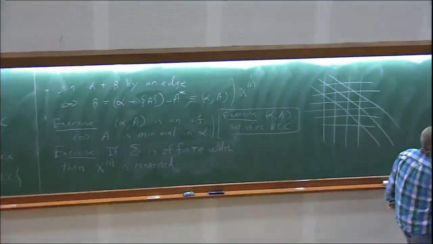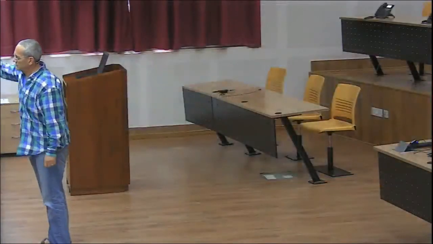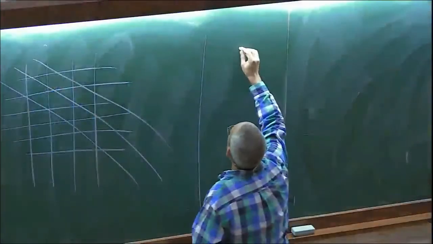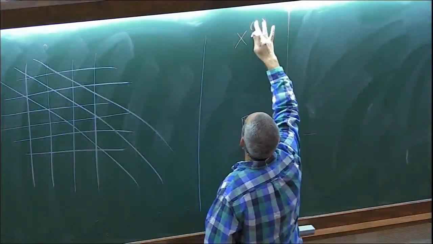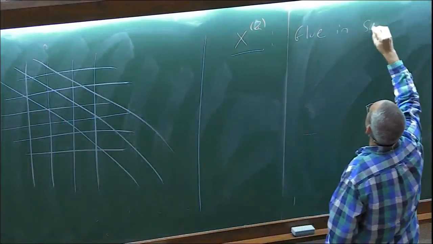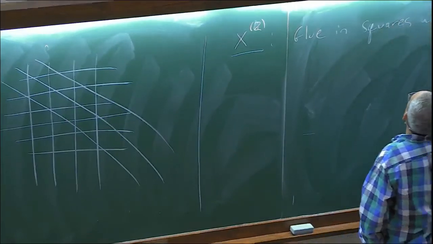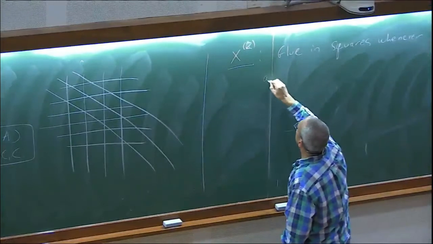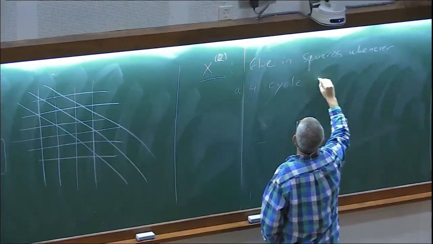And then for the xn, well, let's start with x2. So glue in squares whenever a fourth cycle appears.